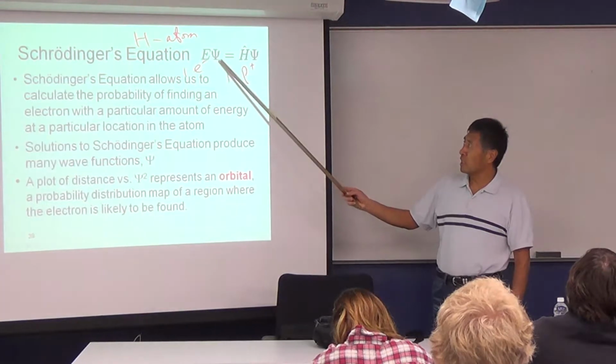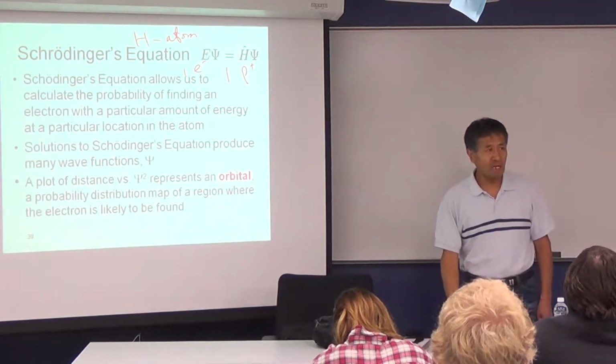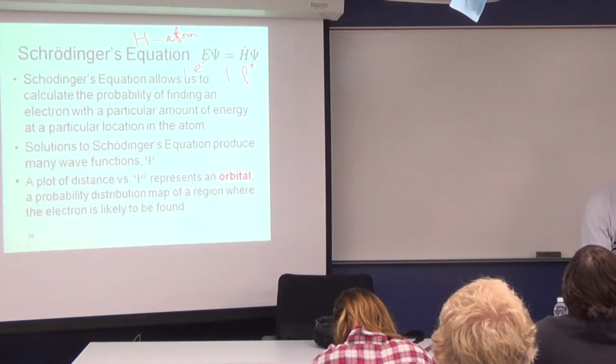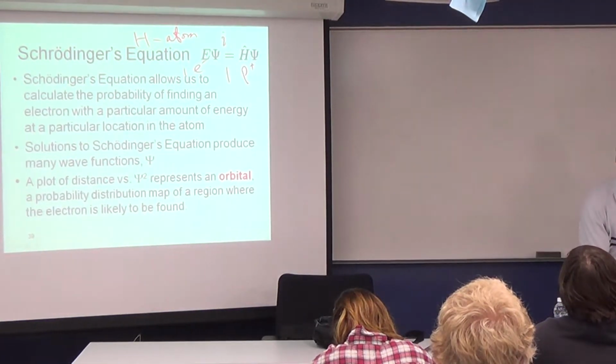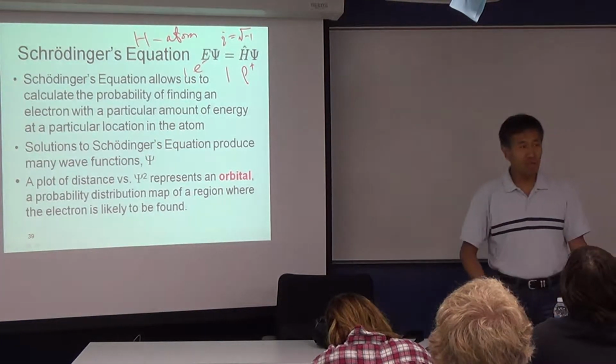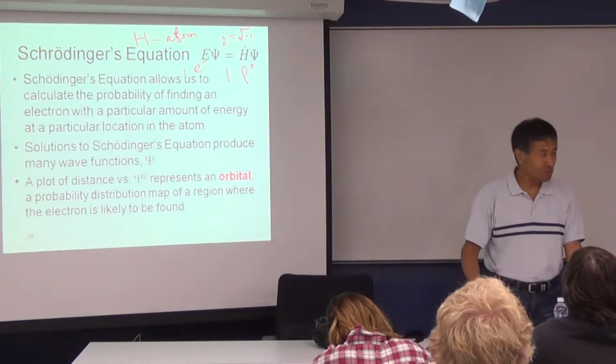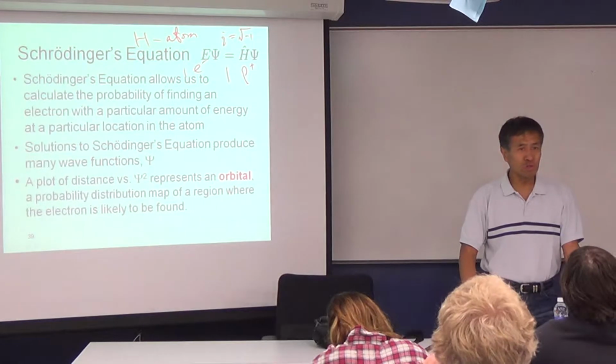Because that equation, as you see from the last slide, has that imaginary number i in it, and i equals the square root of negative 1. And that is impossible in the real number regime.